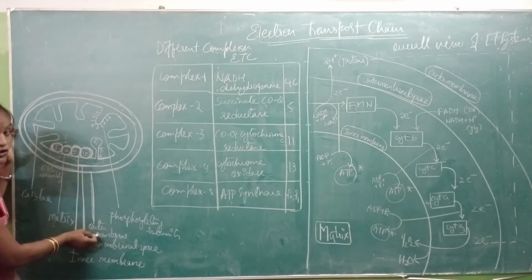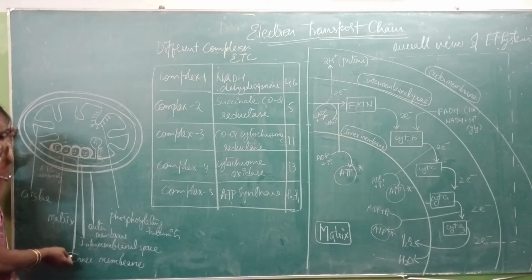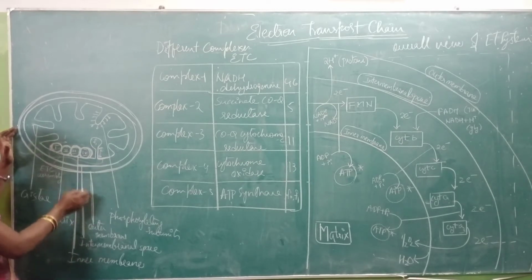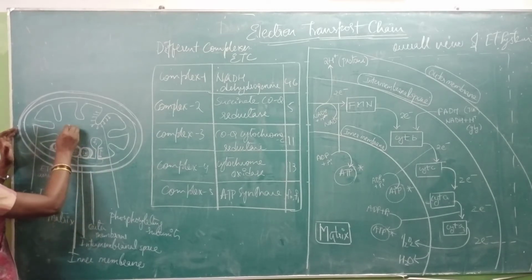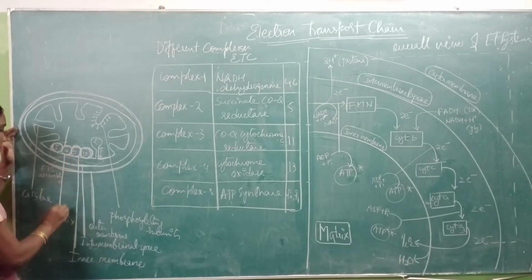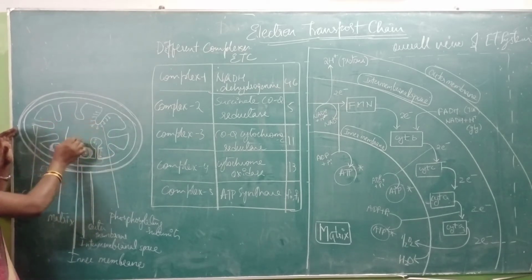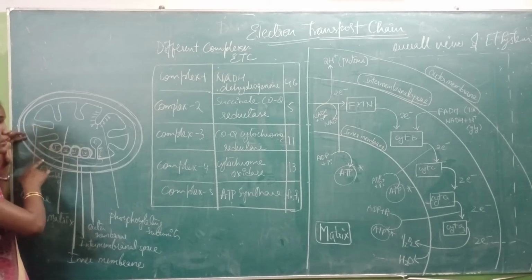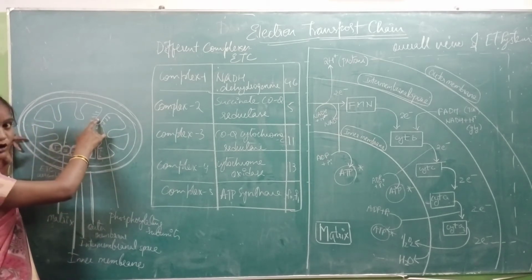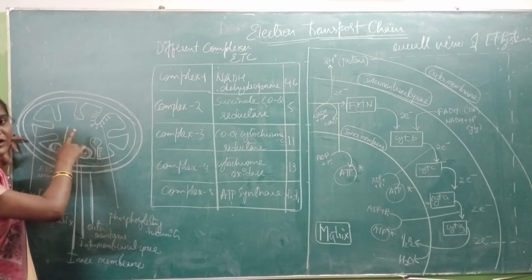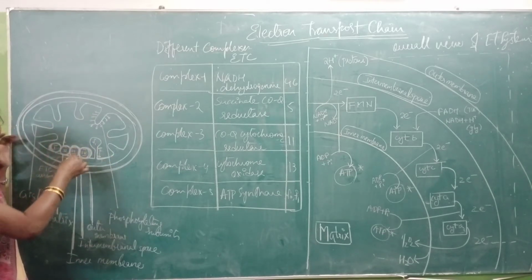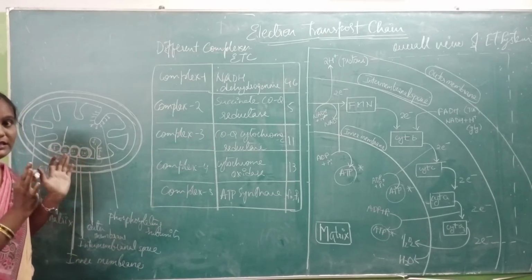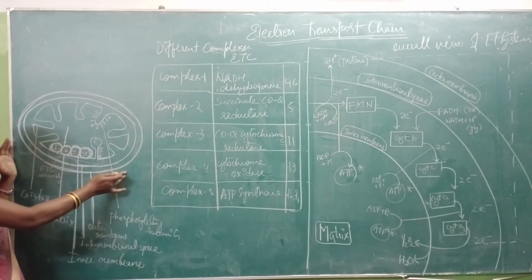In between your outer membrane and inner membrane, the intermembranous space is present, and this is your matrix. The empty space in your mitochondria is the matrix, and these incursions are cristae, and these are F0, F1 particles. These are phosphorylating particles where your ATP molecule is synthesized. So this is the overall ultrastructure of mitochondria.